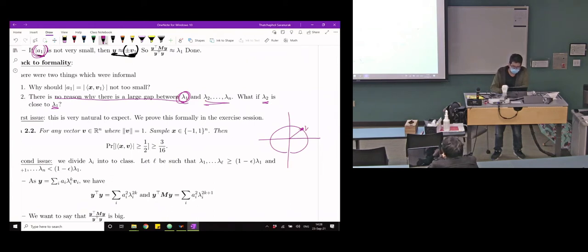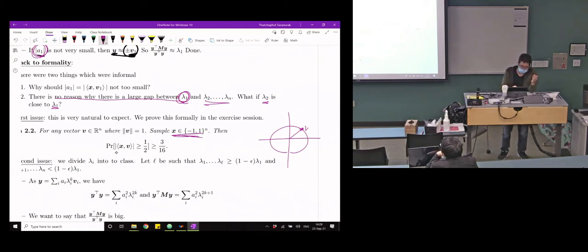And if I choose a random point in the hypercube, it has no bias in direction, right? The direction is non-biased. So with not too bad probability, it's going to be in the same direction as vector v.